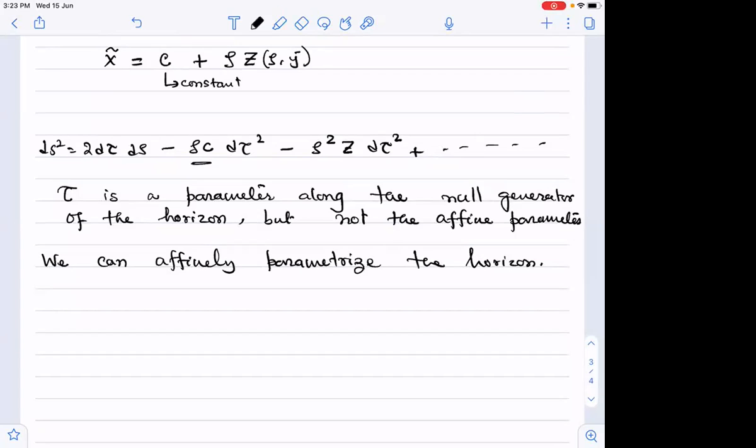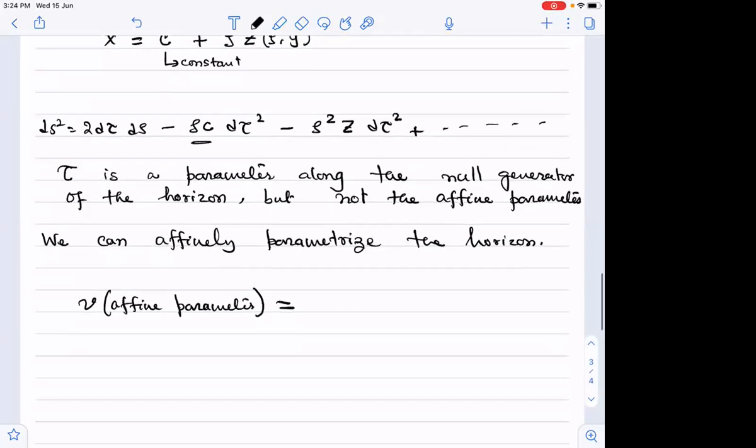We define a new coordinate V, which is the affine parameter along the horizon, e to the C by 2 tau, and the R coordinate accordingly redefined with e to the minus C by 2 tau.